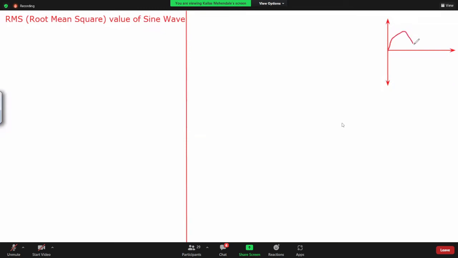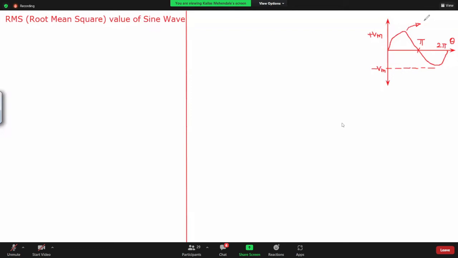This is the negative maximum value, say minus Vm, and this is the maximum value, say plus Vm. The x-axis is going to be theta to reduce the complexity. This is a half cycle, therefore pi, and this will be the one complete cycle, therefore 2 pi.